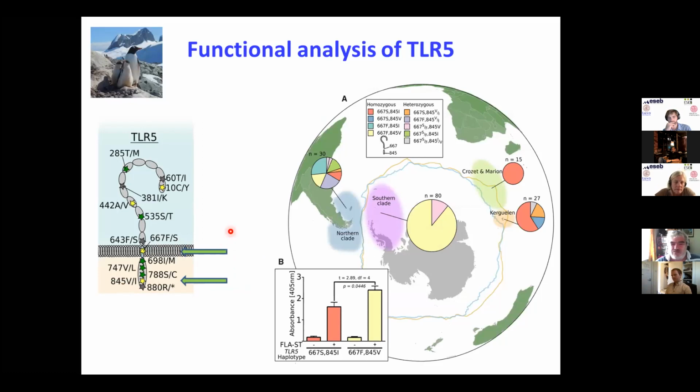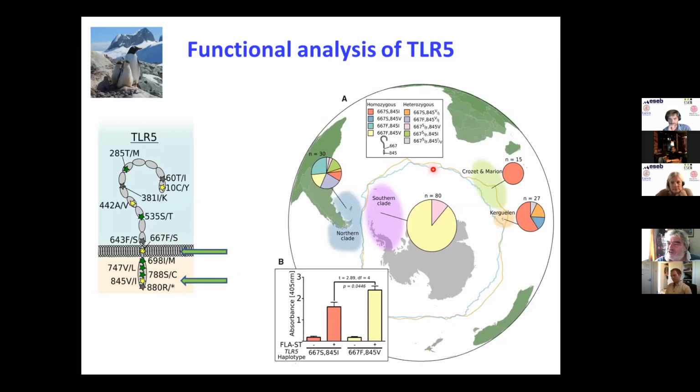Now, one of the reasons we selected them is these are two of the most highly selected polymorphisms. And actually, we had haplotypes of TLR that had these pairs of amino acid residues in very different configurations.